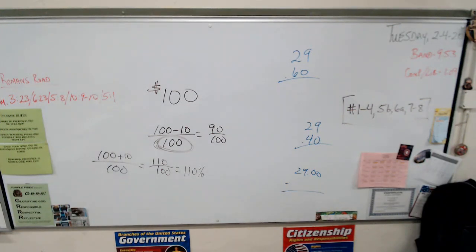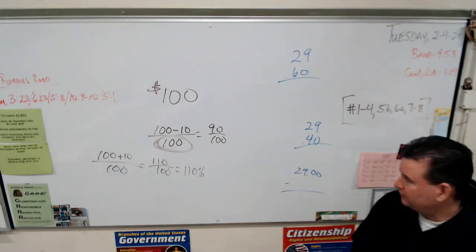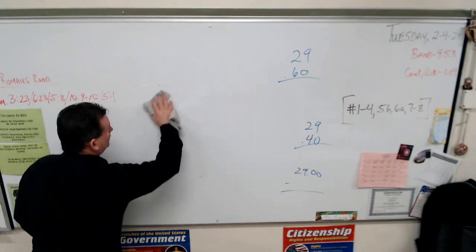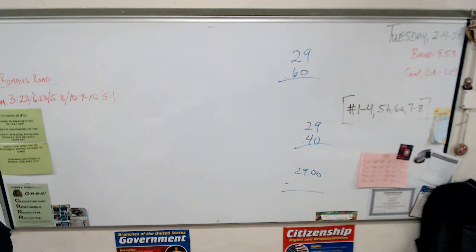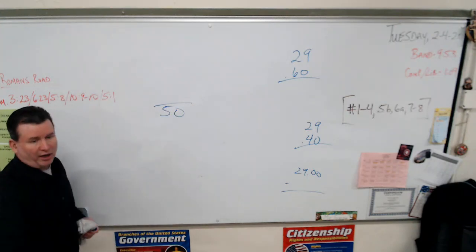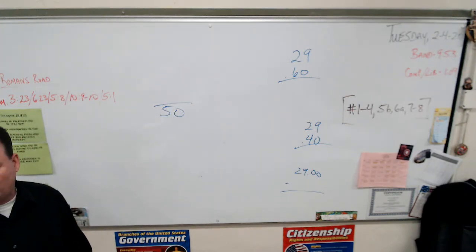Let's do number one. Do I just say do it, or do I do more examples with you? Let's go to the middle of page 339, and let's do number one. The original amount is 50. The new amount is 36. Where does the original amount always go? In the denominator. Now, hold on. What's going to be in my numerator?